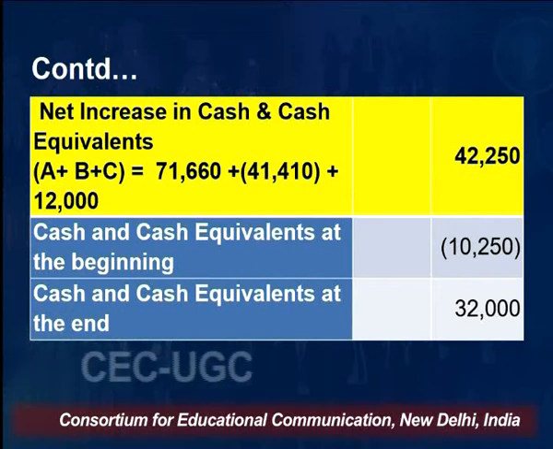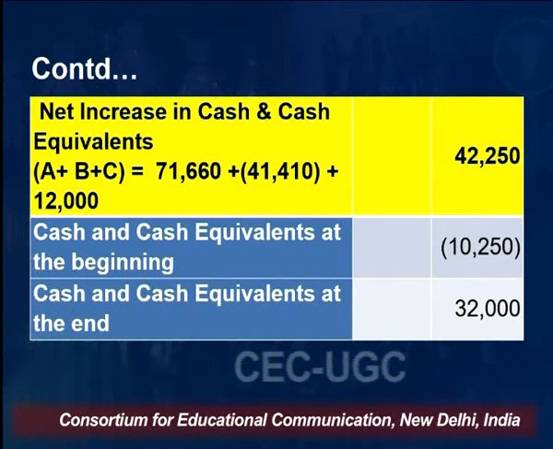After aggregating all these inflows and outflows, we have found that there is a net cash generation from financing activity to the extent of rupees 12,000. So this is actually resulting into the net cash generation from financing activity. Now it's time for us to aggregate all 3 activities, and we observe that from cash flow from operating activities there is a positive cash inflow of 71,660.